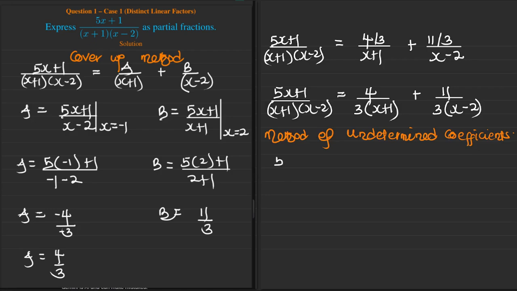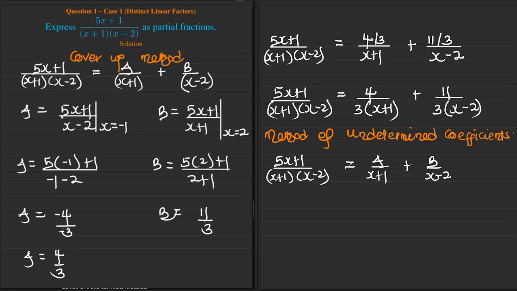So we have our (5x + 1) over (x + 1)(x - 2), and we are saying it is equal to a over x + 1 plus b over x - 2. So the method of undetermined coefficient simply says we should first of all clear the denominators as if you are simplifying fractions.